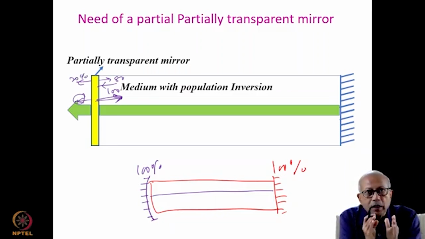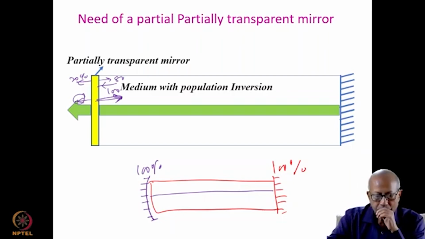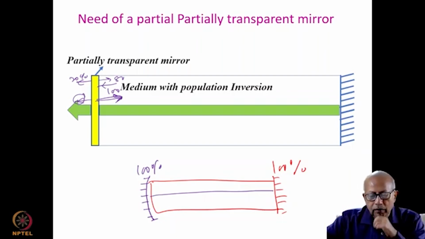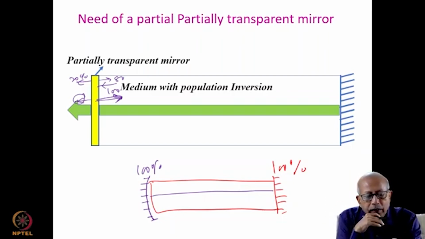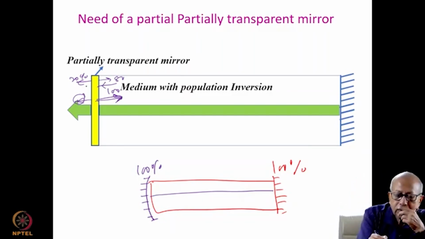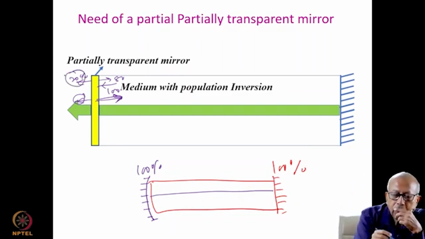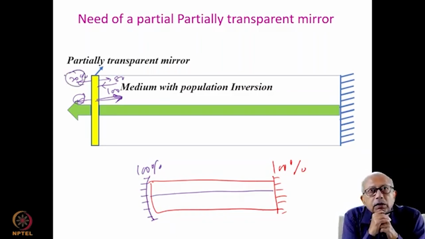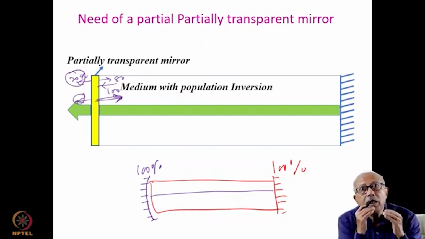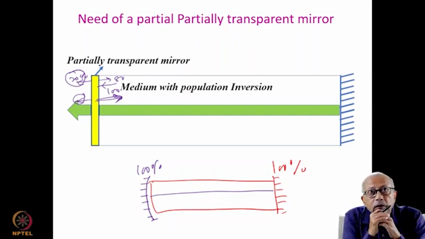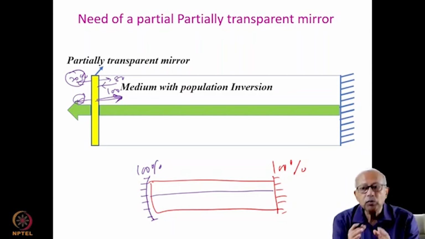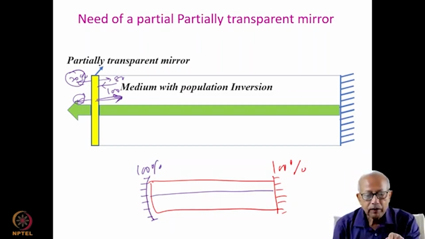What I want to say, which we will see in some of the later lectures, is that you cannot have any value of this transmission. It cannot exceed a certain maximum value, which is called the threshold value. Well, we will come to that maybe in the next lecture.